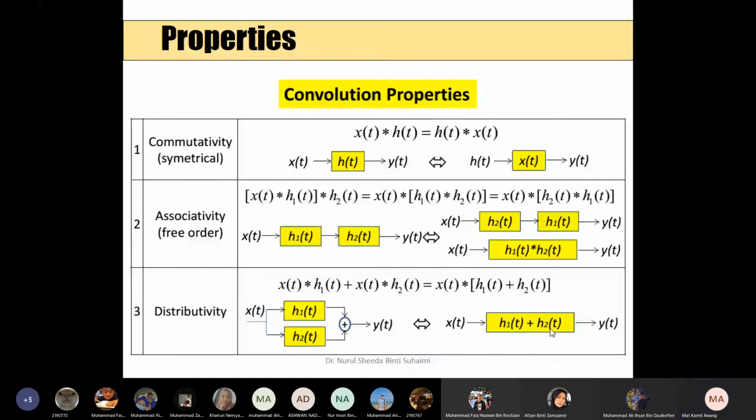Or you can have h1 of t add with h2 of t first, then x of t convolve with that to produce y of t. Okay. So those are the three properties of the convolution: commutative, associative, and distributive. From these properties, later we're going to use them in our analysis of the systems.